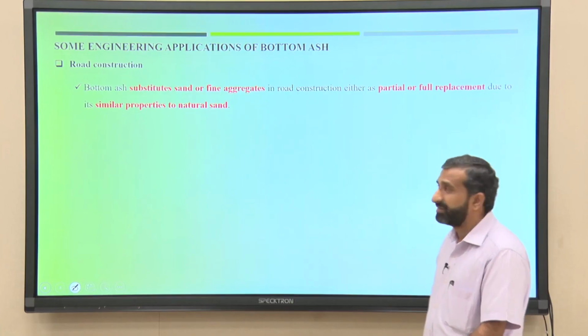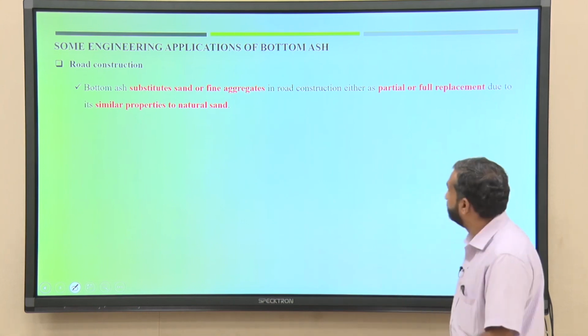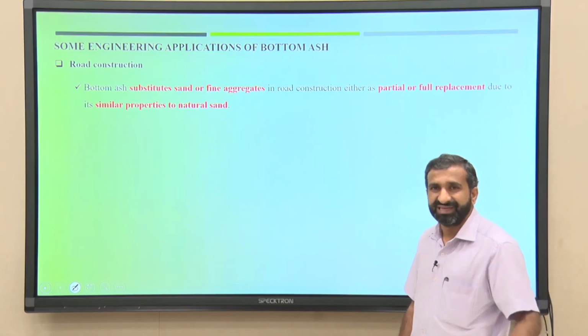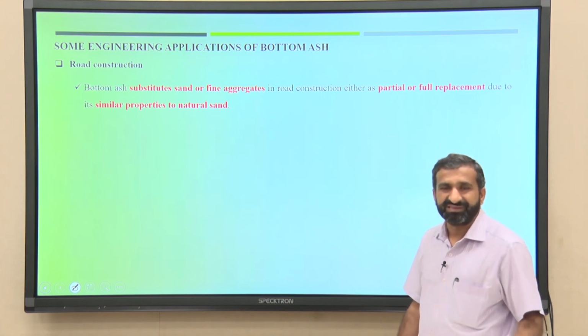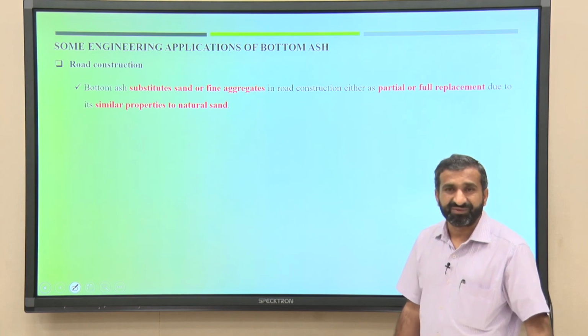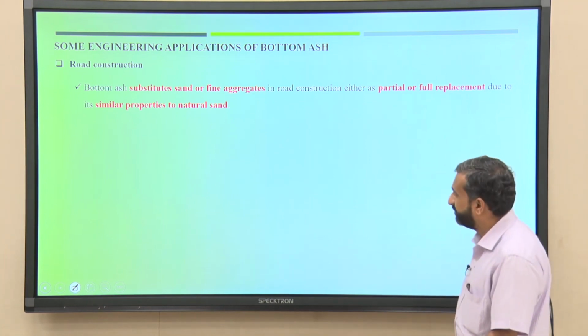So, this bottom ash could substitute this material as either partial or full replacement due to its similar properties to natural sand. Okay. Again and again I am saying, you do the leaching experiments or the TCLP experiments. If you are not finding a large amount of leaching from that particular material, it could be utilized for these kinds of purposes.